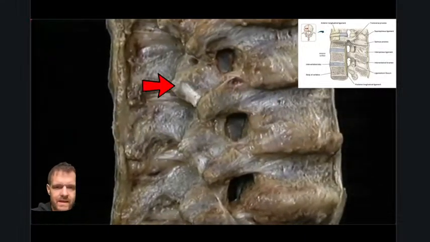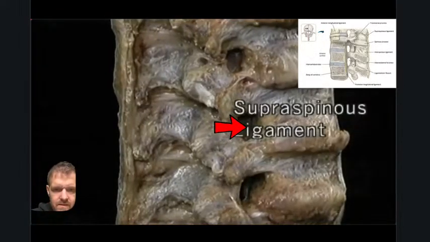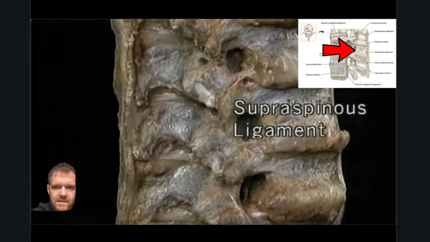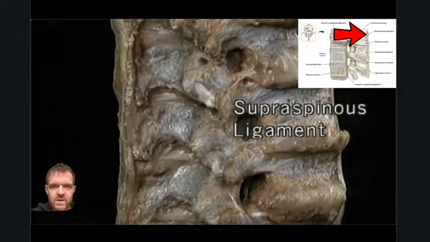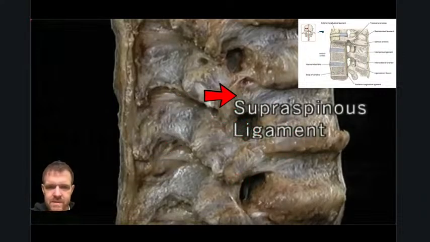Cool. So that image there is basically that one from the book, okay? But obviously this is the real life version, and that's the cleaned up version that looks nice and pretty. So you are missing some ligaments here.